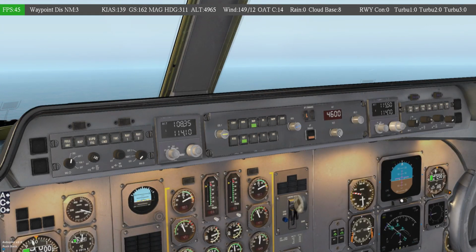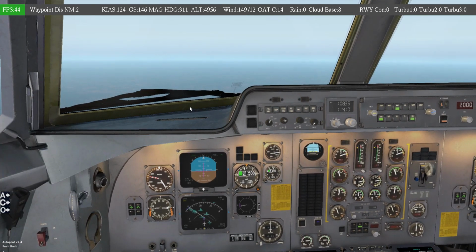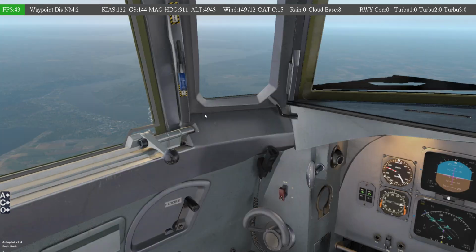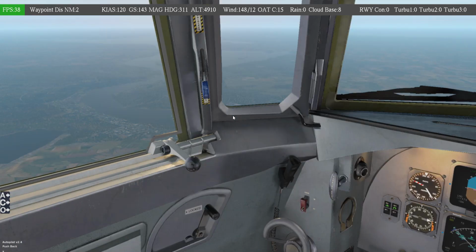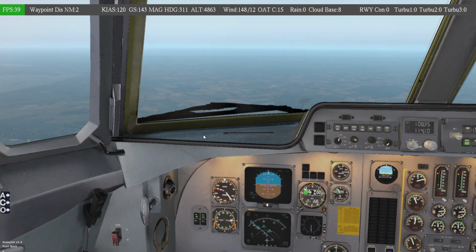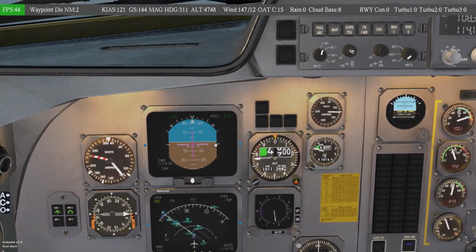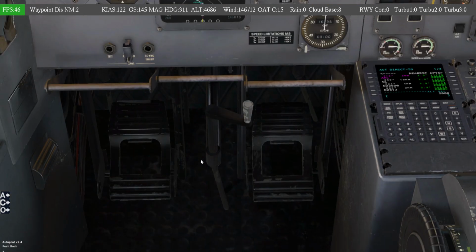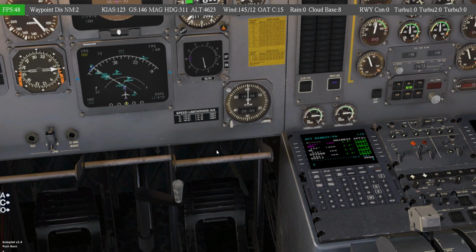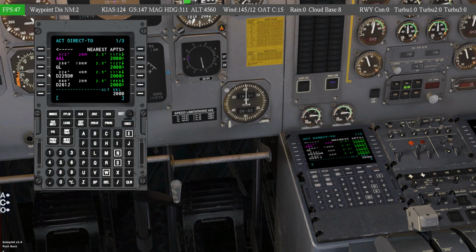Okay, and let's continue the descent here to around 2,000 feet. There we go. Continuing descent. And then air traffic control can say they want us to fly direct instead.